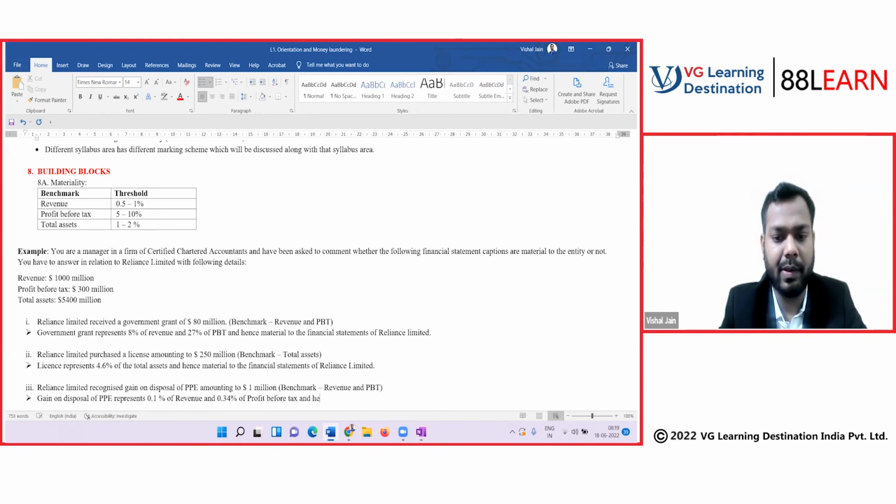And hence not material to the financial statements of Reliance Limited.